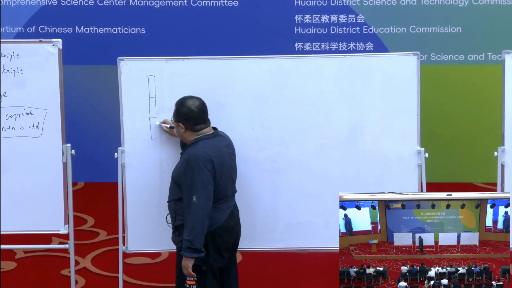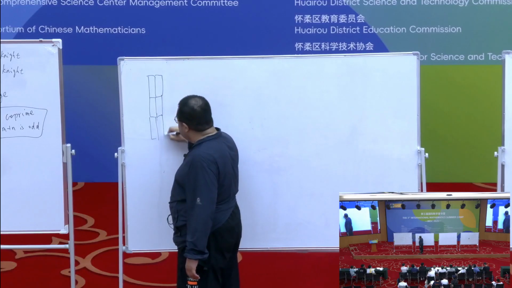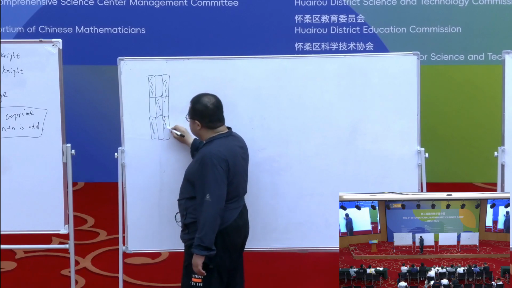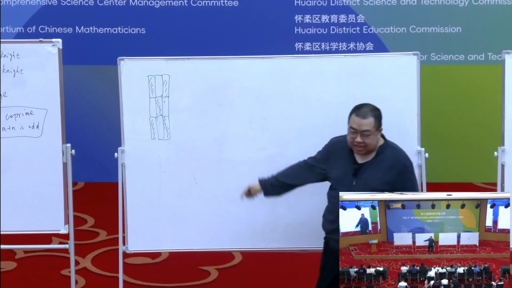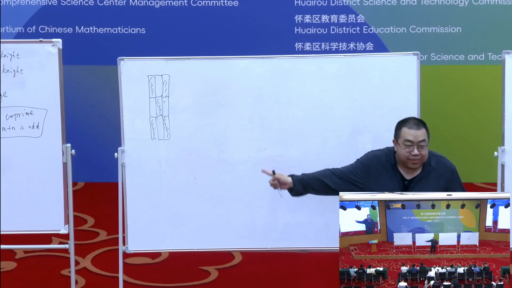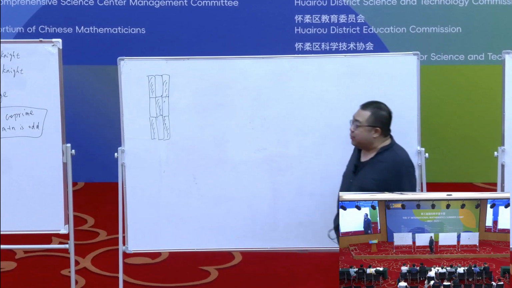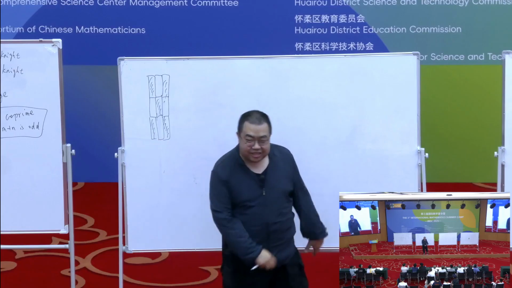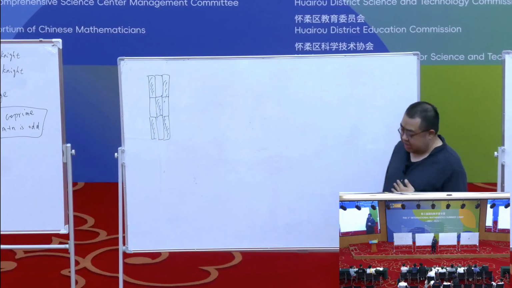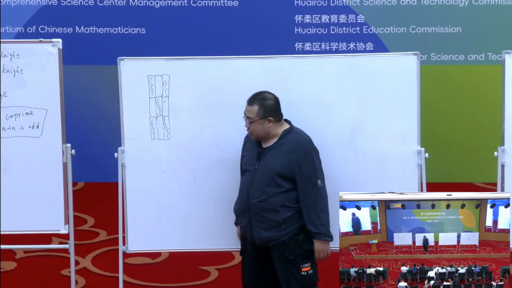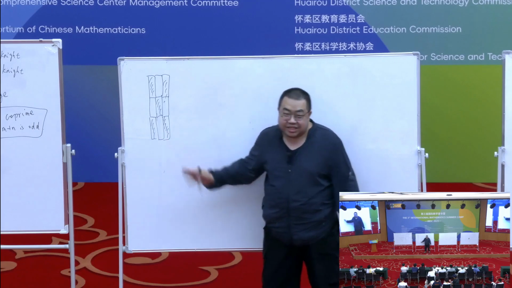Divided into 1 by 4 parts, and color them alternately black and white. Then, the 4-9 knight can only ever jump to squares with the same color. But the original problem wants us to jump from a black square to a white square. So, I'll tell you what is really behind this.